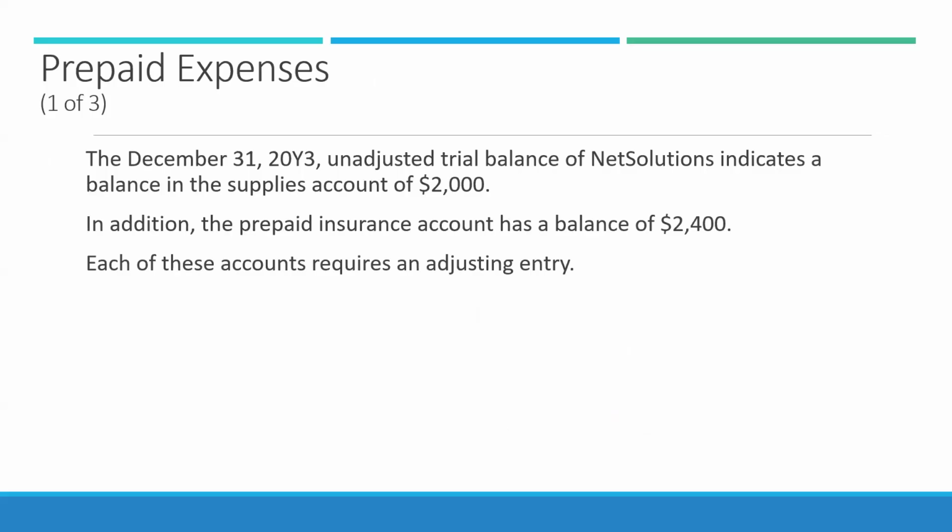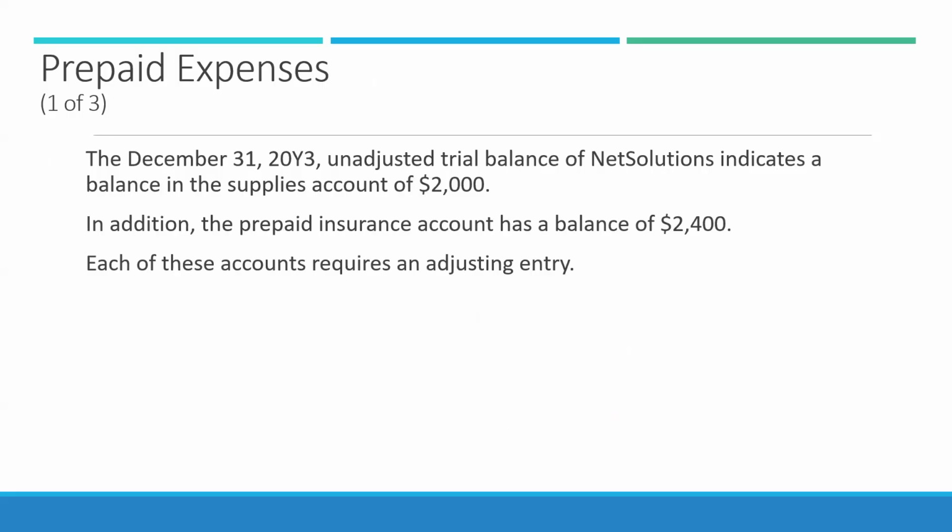The December 31st, 2023 unadjusted trial balance of Net Solutions indicates a balance in the supplies account of $2,000. In addition, the prepaid insurance account has a balance of $2,400. Each of these accounts requires an adjusting entry.